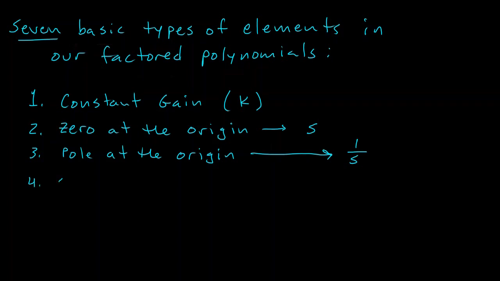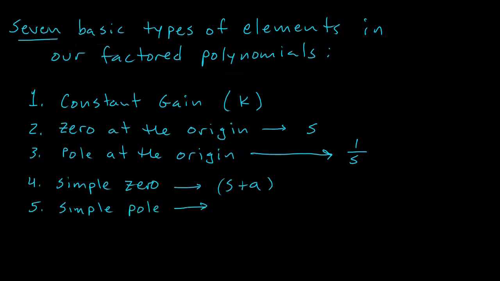We can also have what's called a simple zero, or sometimes they call that a real zero, and that's going to look something like an s plus a term. And we can also have a simple pole, 1 over s plus a. It's going to look something like that.